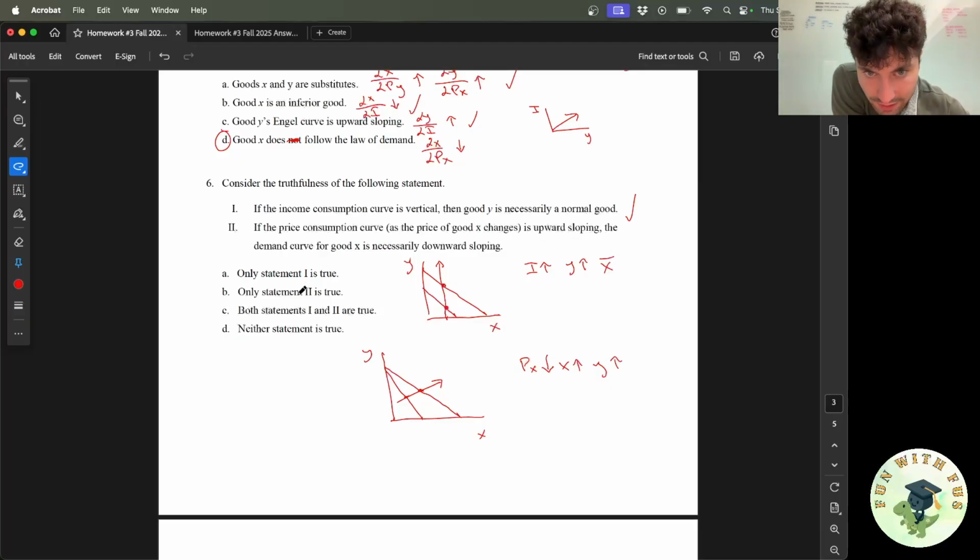So the demand curve for good X is necessarily downward sloping.